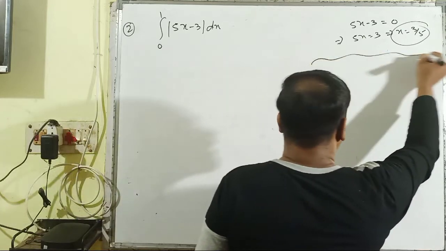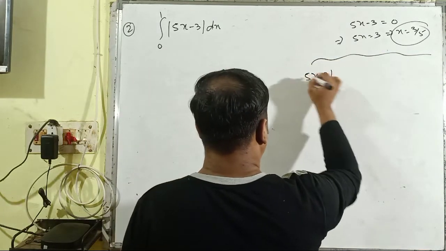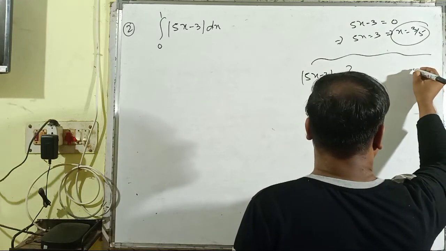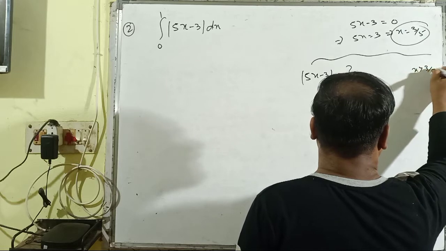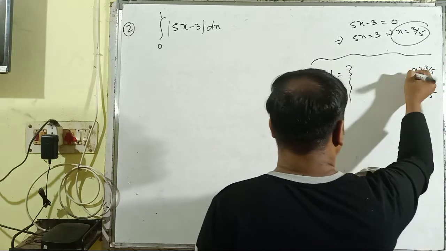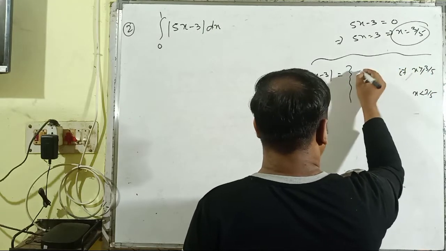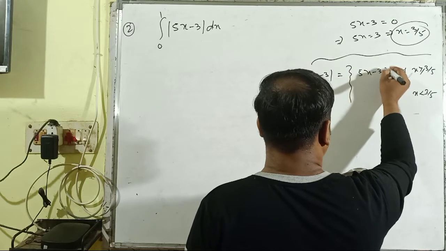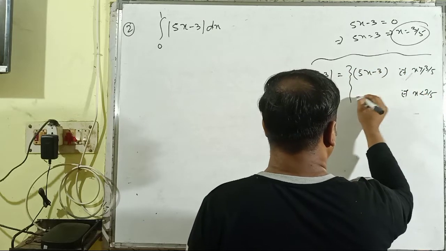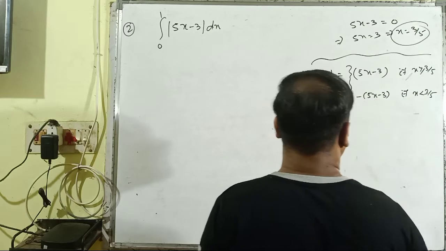Again, I am going through the properties of the modulus function. Modulus of 5x minus 3 gives two values: one for x greater than or equal to 3 by 5, and one for x less than 3 by 5. When x is greater than 3 by 5, it gives 5x minus 3. And when x is less than 3 by 5, it gives the negative value of 5x minus 3.